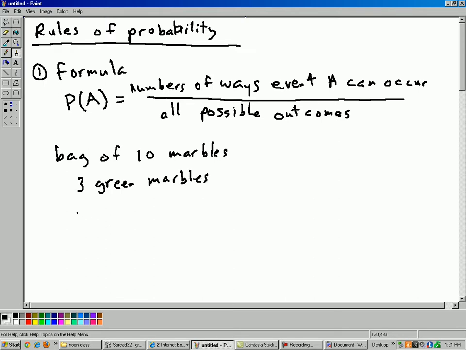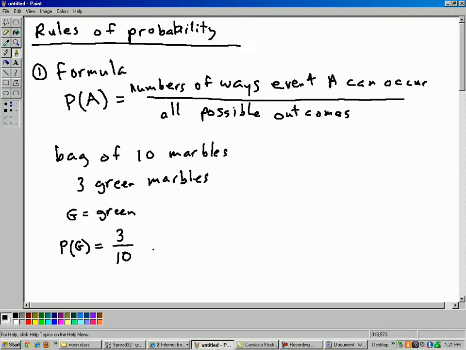Let's say that G is the event that you choose a green marble. So the probability of picking a green marble at random is equal to all the ways you can get a green marble. There's 3 ways, because there's 3 green marbles, out of all the possible outcomes. And there's 10 marbles altogether, so that's 10 outcomes. So the probability of getting a green is 3 out of 10.